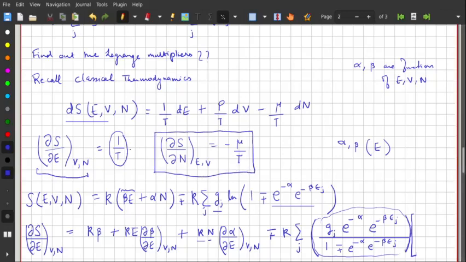We already used this expression to compute the first Lagrange multiplier, which was beta. Now we'll be computing alpha, and this expression will help us do that.